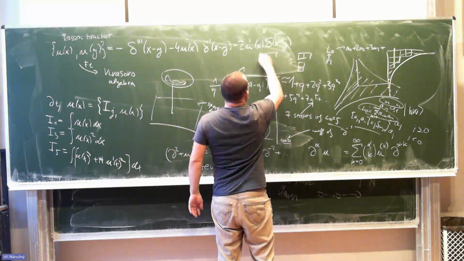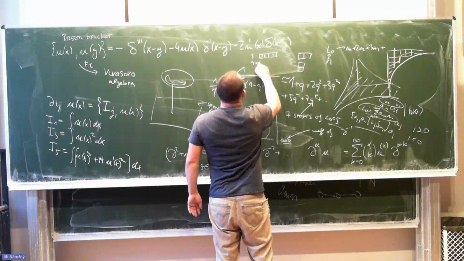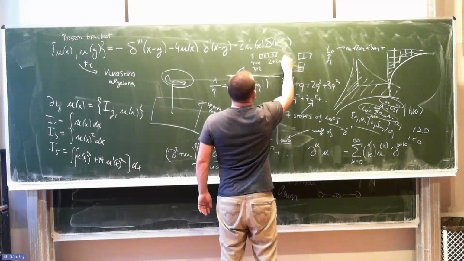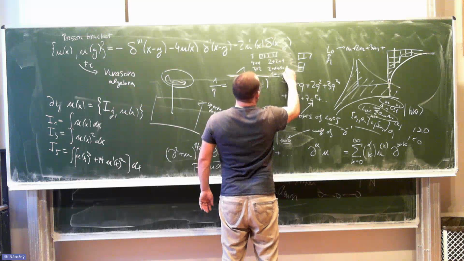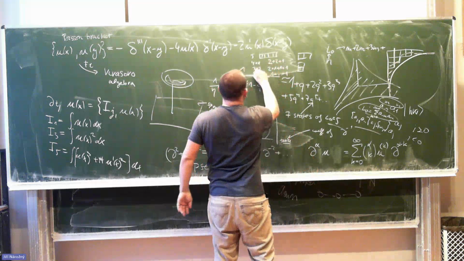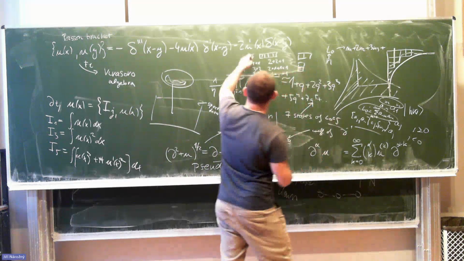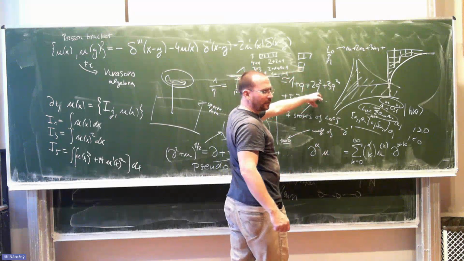For example, for 5, I can write it as 5, or 4 plus 1, 3 plus 2, 2 plus 2 plus 1, 2 plus 1 plus 1 plus 1, or 5 times 1. I'm missing something: 3 plus 1 plus 1. So I wrote it, correct, 1, 2, 3, 4, 5, 6, 7, and here I have 7 states with n equal to 5.